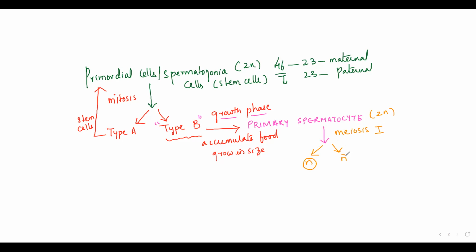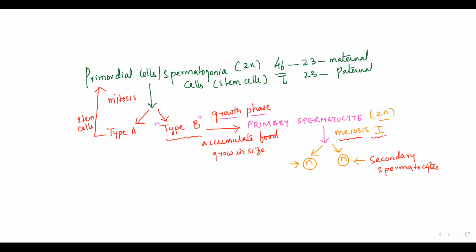If you ever see a diploid cell giving rise to two haploid daughter cells, that will surely be meiosis 1. And these cells formed here are called secondary spermatocytes.